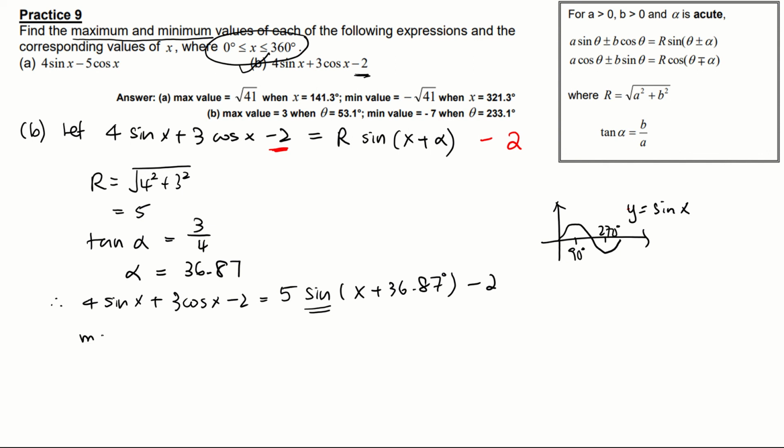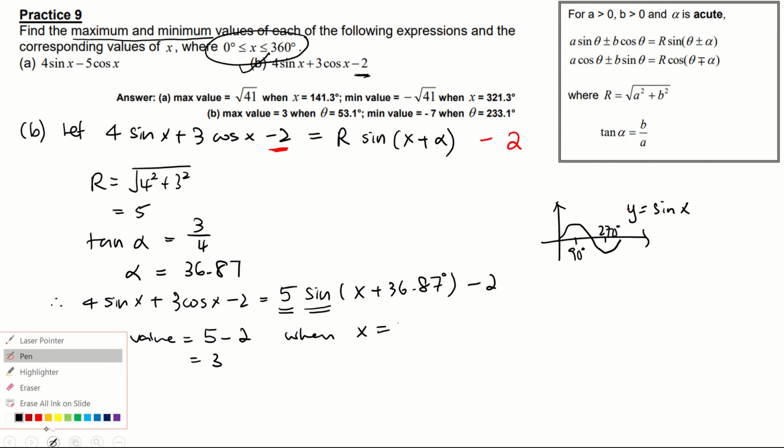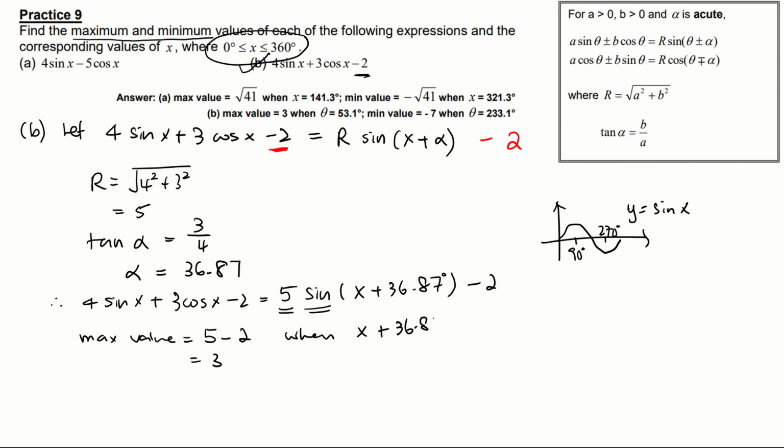The maximum value in this case is no longer just 5, but 5 minus 2, which gives you 3, and this happens when your angle, not just x but x plus 36.87, gives you 90. So you solve for x, and that gives you 53.1.